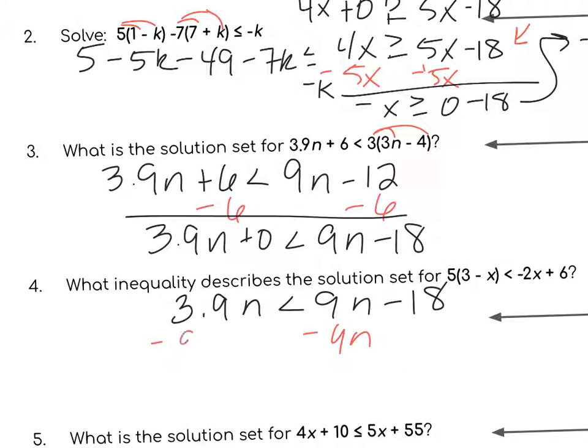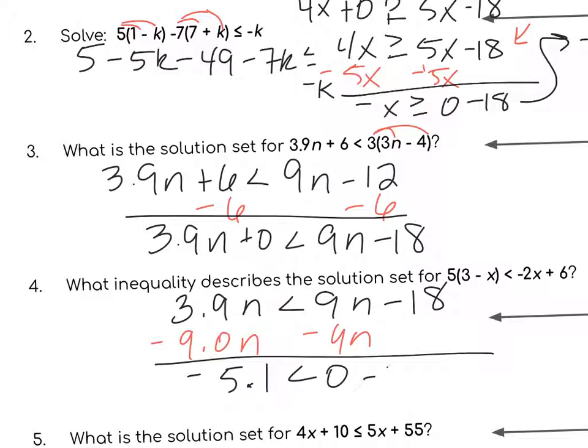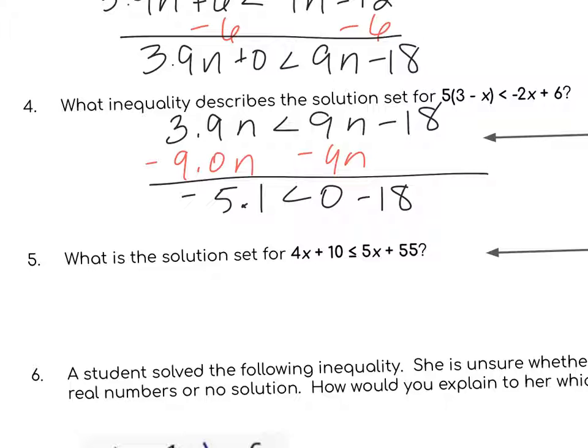So when you subtract 9, remember decimals, or grab your calculator would be fine too. That's going to give you negative 5.1n. 0 minus 18, which gives you negative 5.1n is less than negative 18.